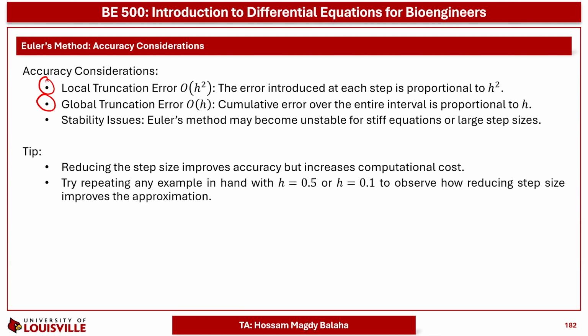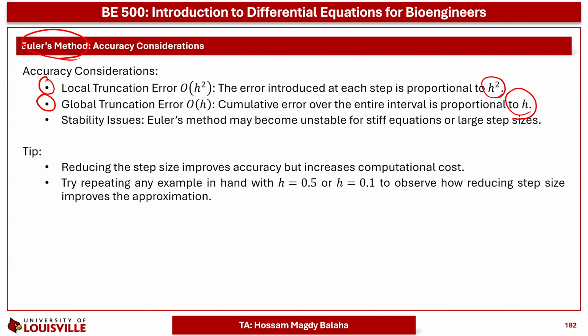And for each algorithm, there are specific values for LTE and GTE. So for the Euler method, we have an LTE which is proportional to h squared, where h is the step size, and the global truncation error or GTE is proportional to h.